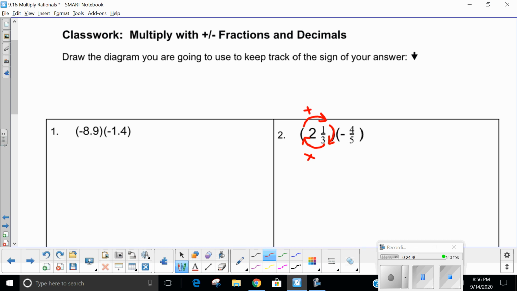Okay, so we want all of our numbers to look like fractions. Remember, when you're doing decimals, you want to ignore the decimal point. Okay, that's important to remember. Ignore the decimal point. All right, good luck.